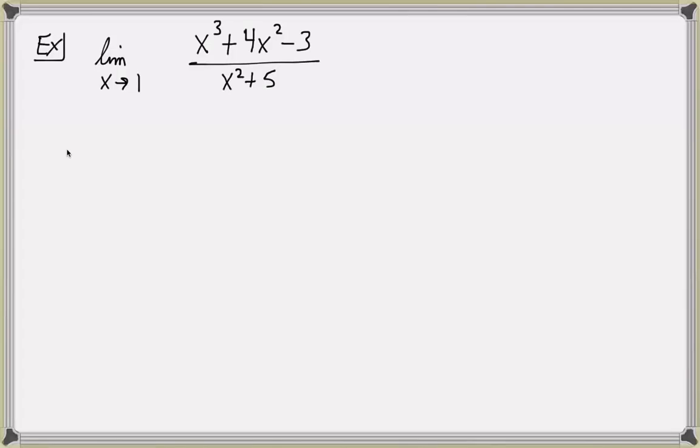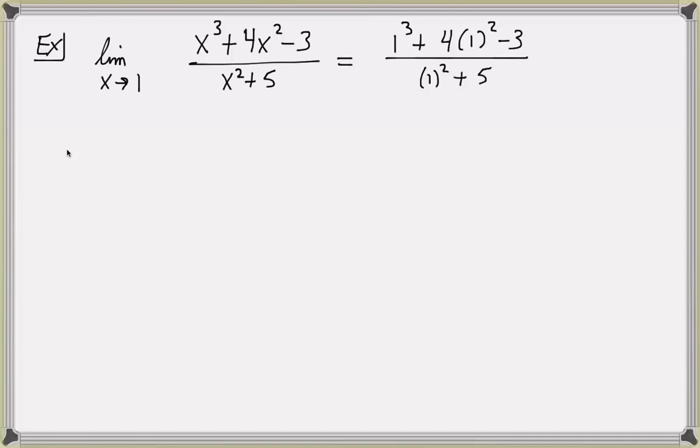So let's see an example of direct substitution. If I want to evaluate the limit of this rational expression, I notice that plugging in 1 for x in the denominator will not give me 0, so I can use direct substitution here, and so this limit will just equal 1 cubed plus 4 times 1 squared minus 3 divided by 1 squared plus 5.